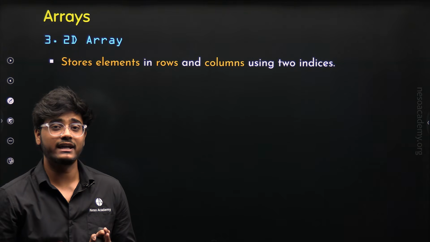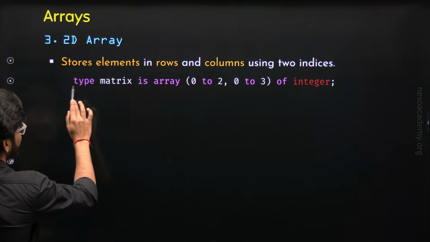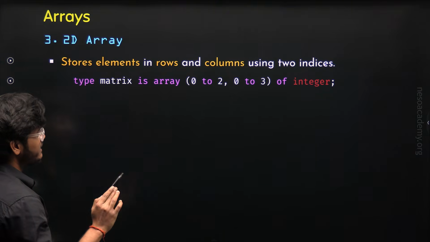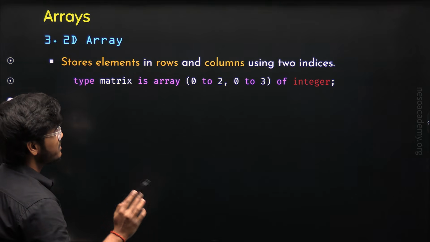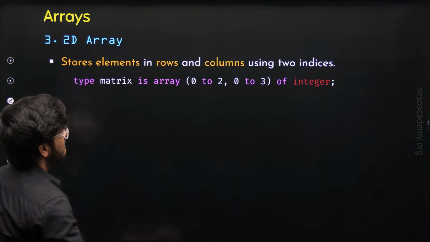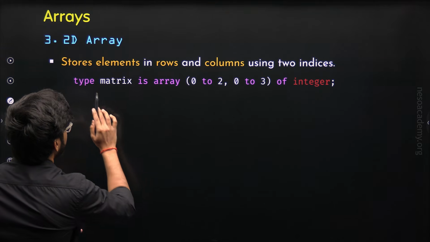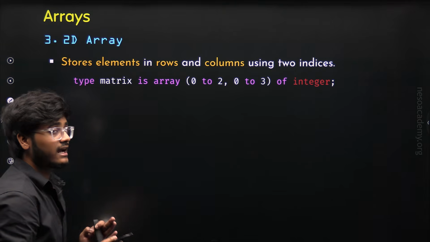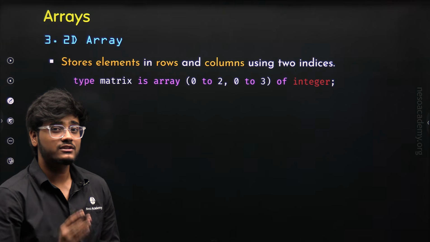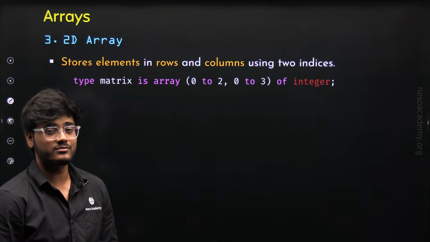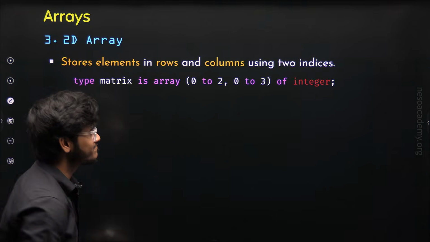First, let's create a 2D array using the keyword type. So here I am creating a custom data type called matrix. Now similar to array of arrays, the keyword array is used to specify that this matrix is an array. Now I want to create 3 rows and 4 columns inside this 2D array. How to do that?